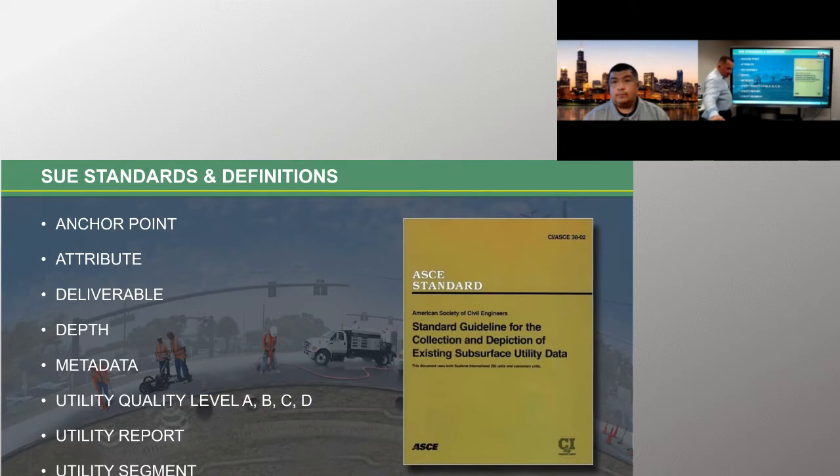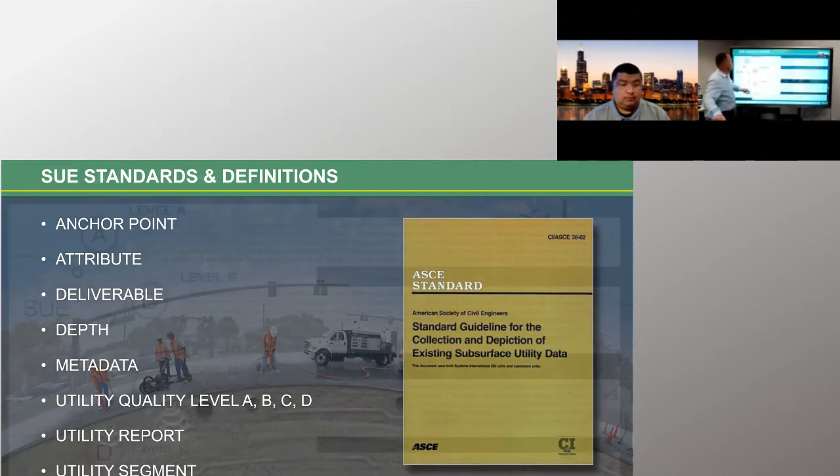And the utility segment is a continuous portion of a utility for which the utility quality level is consistent. The depths might change, but if you have a 12-inch ductile iron pipe water main running through the corridor of your project, and that size and material does not change, that is considered a utility segment, even though the depths might change. So that's something that is mentioned in the standards.